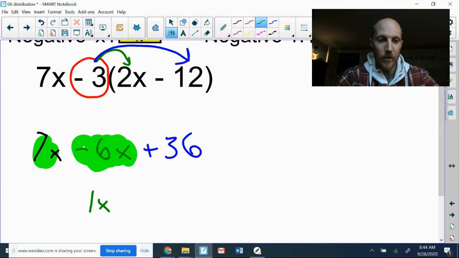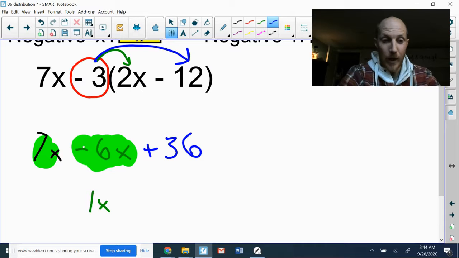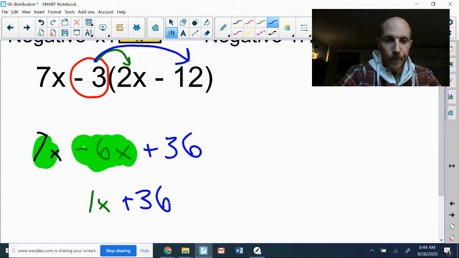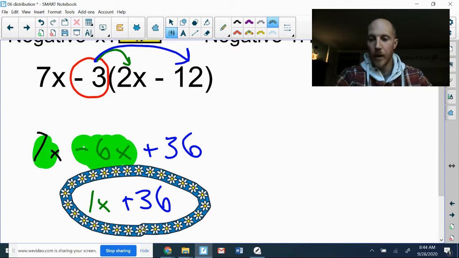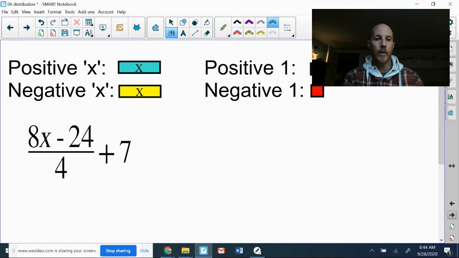I do definitely need the x, but I could just write x, or I could put 1x. Either way is fine. Typically, we don't write 1s as coefficients because they're extra writing and they're not needed. And then I've got the plus 36. Okay, let's circle this one in flowers. Yay! Okay, one more example.